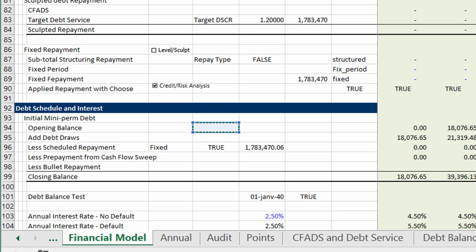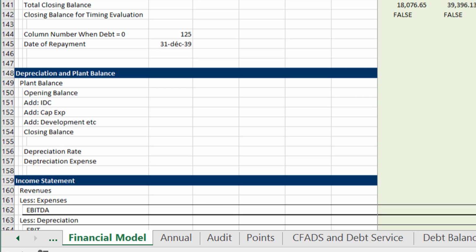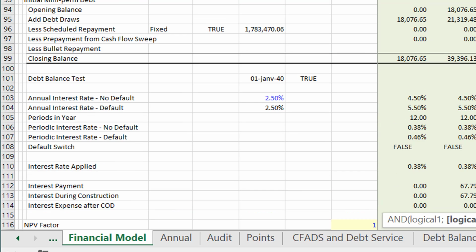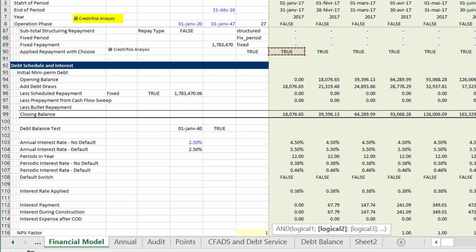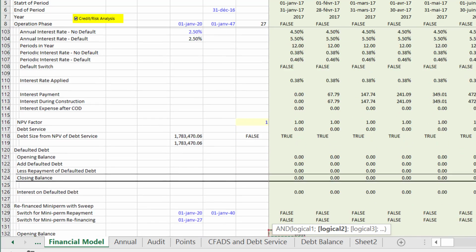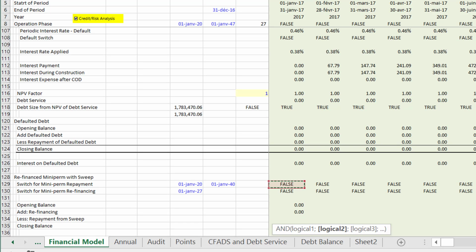And down here I have a little fixed switch. So a whole lot of this is just about switches, of course. And put an AND switch, and we have to be in our fixed mode. And then we also have to be in our Mini-perm switch, in our Mini-perm sweep, whatever I'm calling it. God, these names of haircuts are driving me nuts. But then we put it right here.